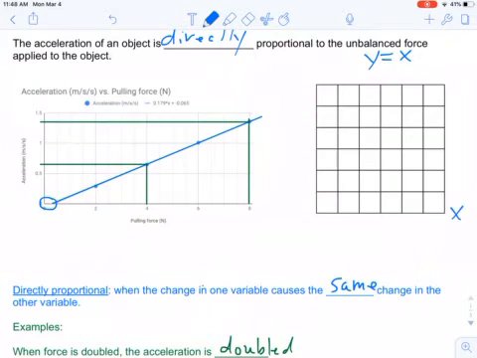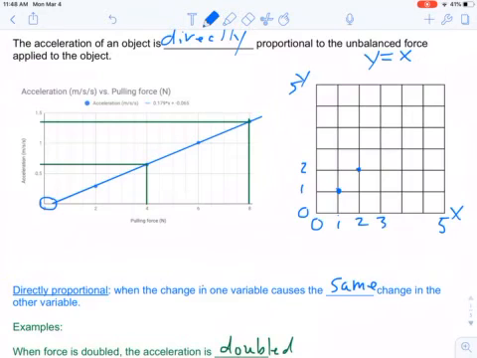So if this is our x-axis and this is our y-axis, we'll go from 0 to 5 and from 0 to 5. If x equals 1, then y would be 1. If x equals 2, then y would be 2. So 2 is 2, 1 is 1.